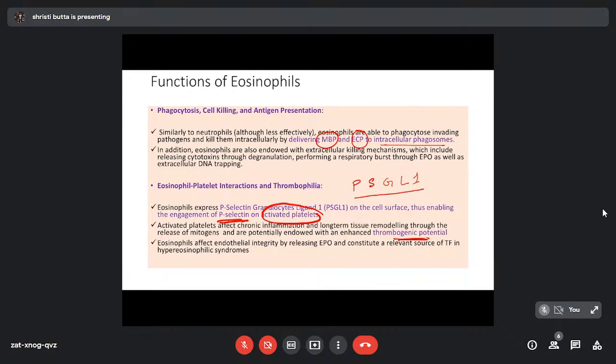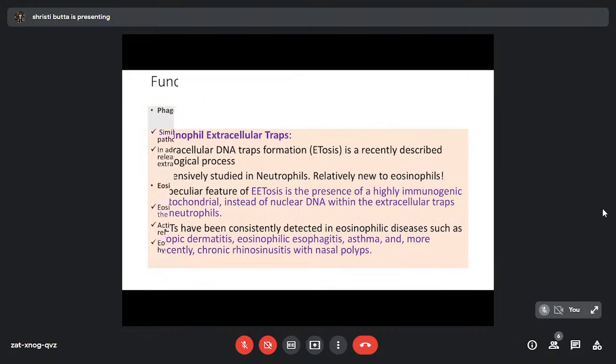Now, what are these eosinophil extracellular traps? Are they different from NETs, neutrophil extracellular traps? Yes, they are. The reason behind it is that they are mitochondrial, unlike the neutrophil extracellular trap, which is composed of nuclear DNA and histones. Eosinophilic extracellular traps have been implicated in atopic dermatitis, eosinophilic esophagitis, asthma, and many more conditions like chronic rhinosinusitis and nasal polyp formation.